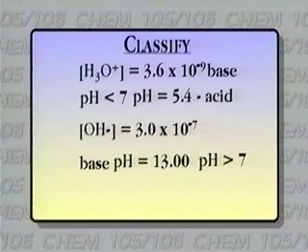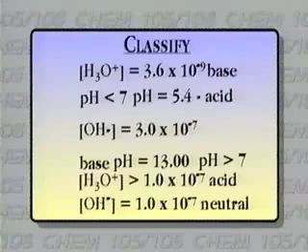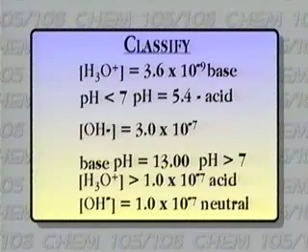Now the last one, the hydroxide ion one, we would need to convert to either again a pH or a hydronium ion so that we could make our determination. Or we can also relate to the fact that the hydroxide ion concentration equal to 1.0 times 10 to the minus 7 is neutral.